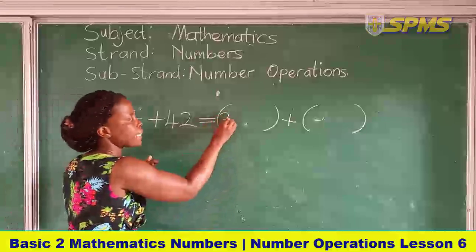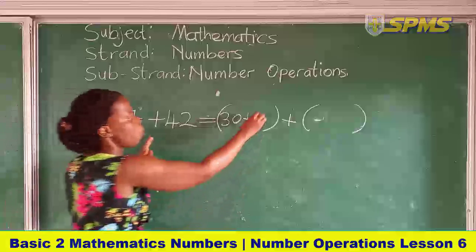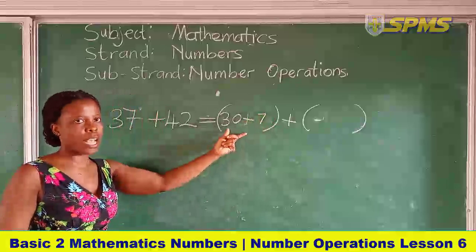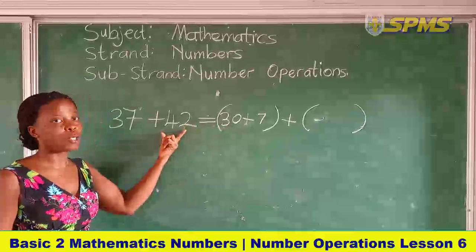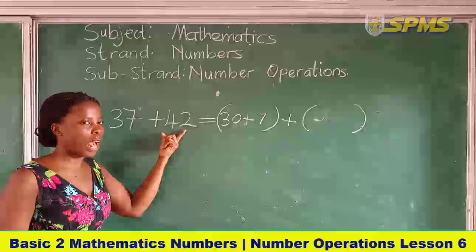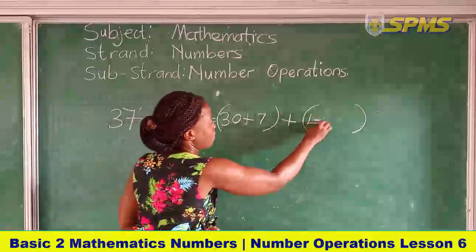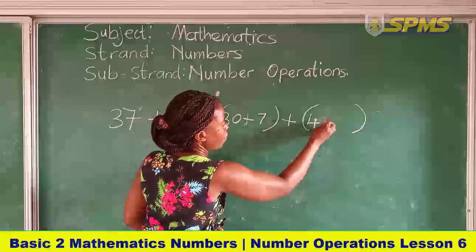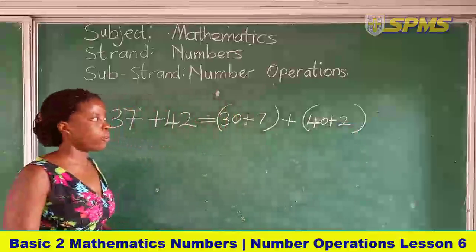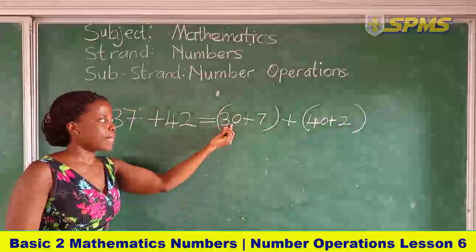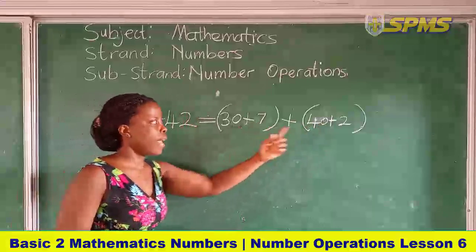We have 30 tens plus how many ones? 7 ones. Hope you can see what I've done on the board. Now let's expand the second one too. 42, what will you have? 40 plus 2. Where are the tens? The 30 and the 40. Where are the ones? The 7 and the 2.